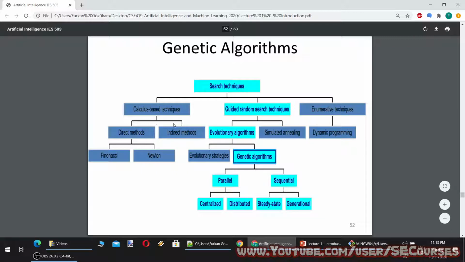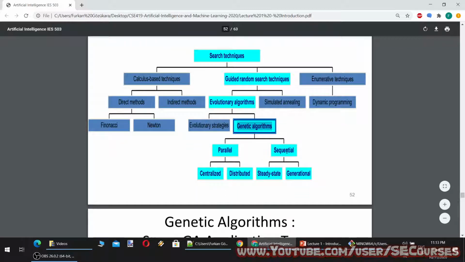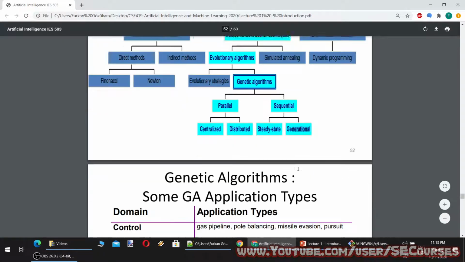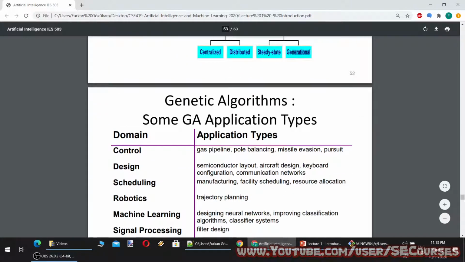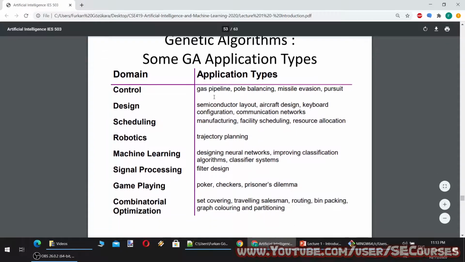Calculus-based techniques branch into direct methods, indirect methods, and Fibonacci and Newton. Guided random search techniques, enumerative techniques, evolutionary algorithms, simulated annealing, dynamic programming, evolutionary strategies, genetic algorithms, parallel, sequential, centralized, distributed, steady-state, and generational.